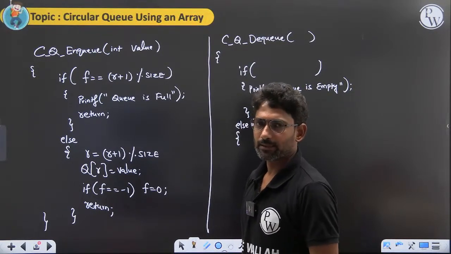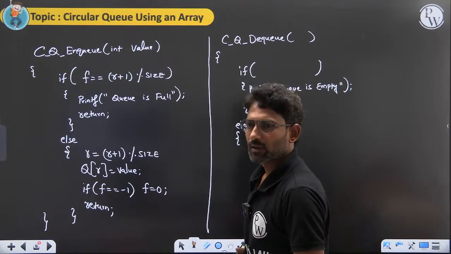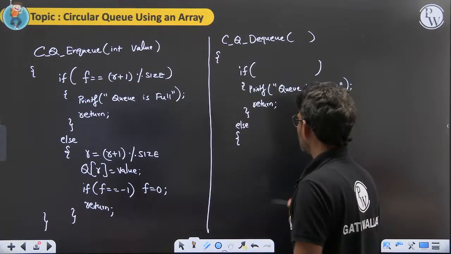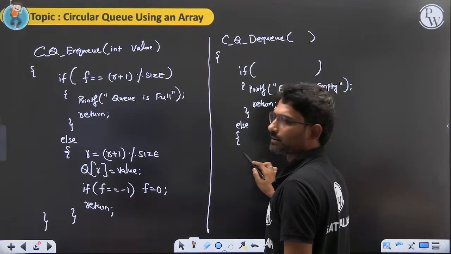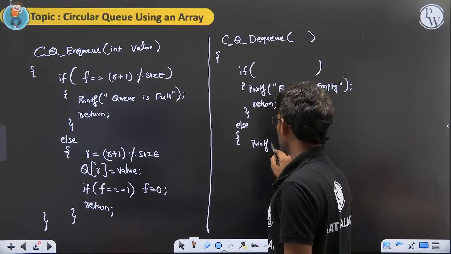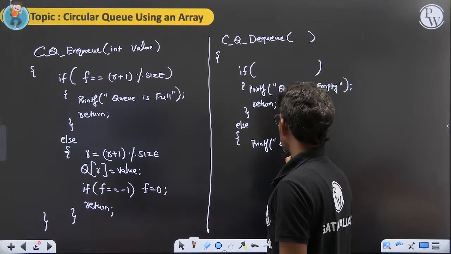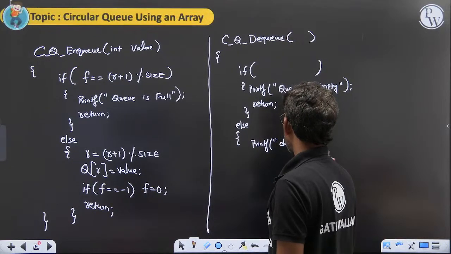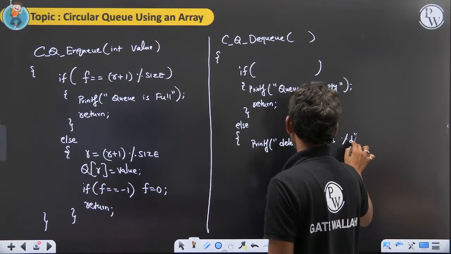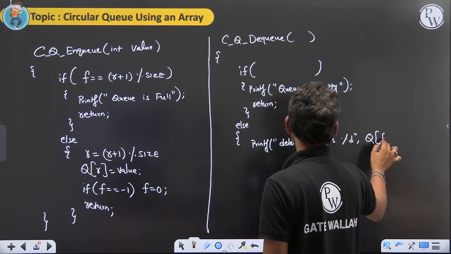How do I delete? You will be printing the deleted value. The deleted value is %d, comma Q of front.